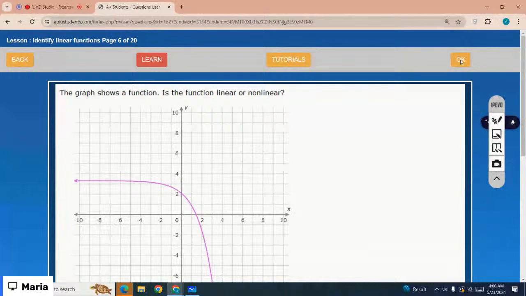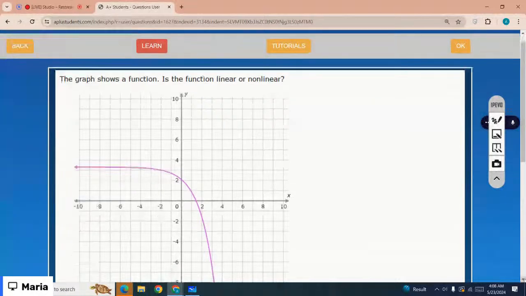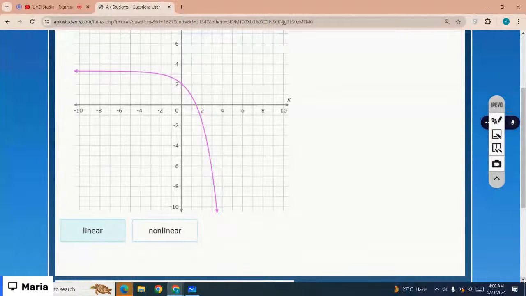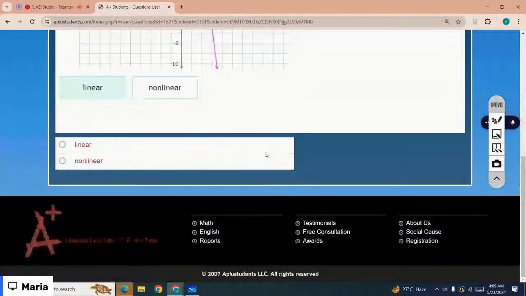Is the function linear or non-linear? So which is the correct option? Non-linear it is, right? The function is non-linear.